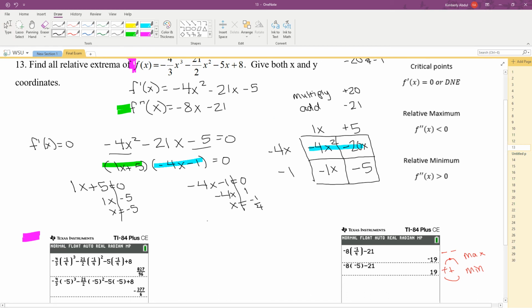So we're going to have here that our points, this one was negative 1/4, and our output was 827 over 96, which is a terrible number. And that one we saw is a relative max. And then this other one, we plugged in negative 5, and we get out another horrible number, negative 377 over 6. And that one had a positive second derivative, so that is a relative minimum.